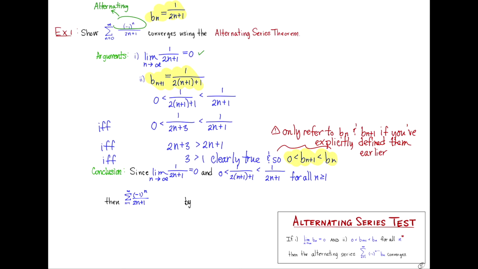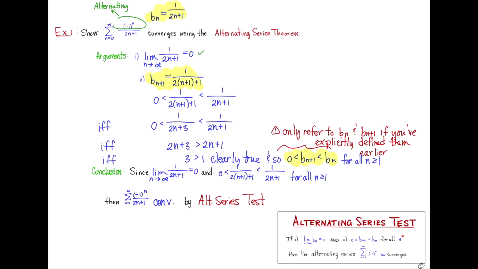And at this point, I'm going to sneak back up. I realized I left that off earlier. I'll add that in. Then our alternating series converges, and we name our test, the alternating series test. It's fine if you abbreviate alternating as ALT.